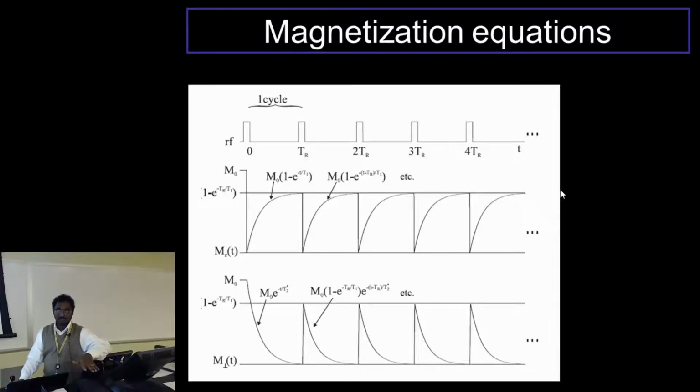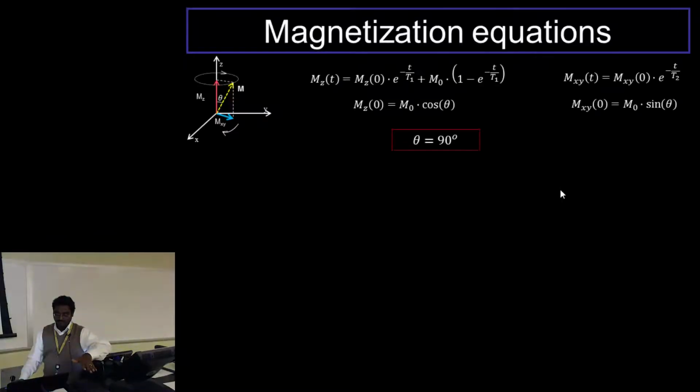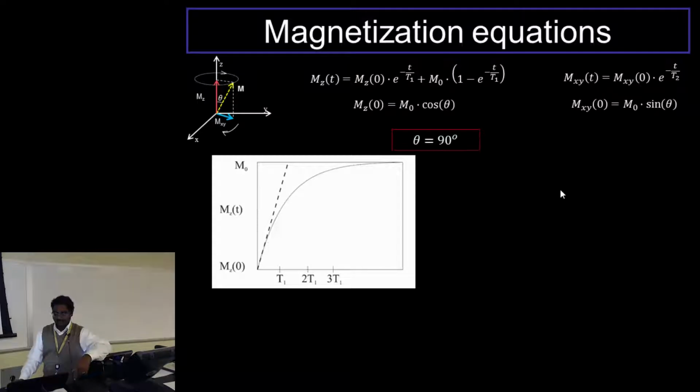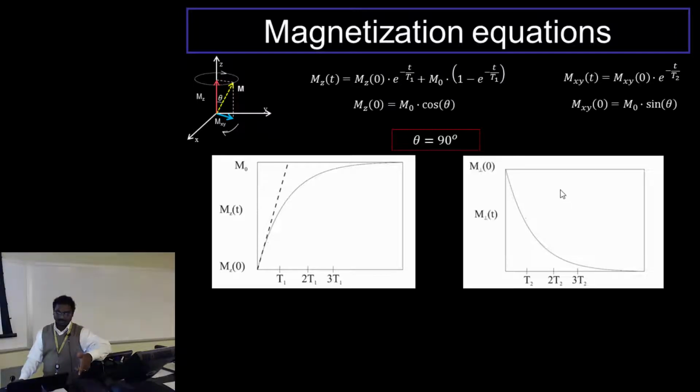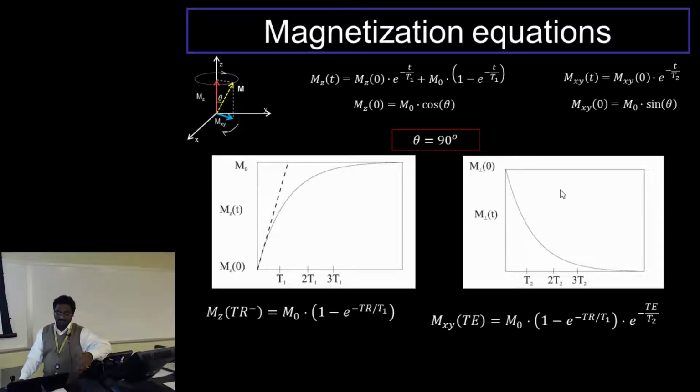which is the case we have already gone through quite a few times in our class, right? So your signal is given by, the top equations are essentially your Bloch equation solutions for transverse and longitudinal magnetizations. For a 90 degree case, your Mz just before the second excitation pulse, at TR minus, is M0 times (1 minus e to the power minus TR by T1).